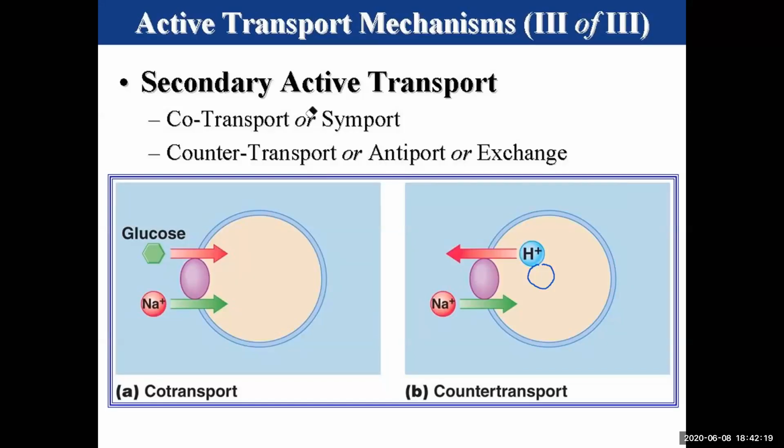And in the case of secondary active transport, you can transport 2 different types of cargoes, 2 different types of solutes. In this case here, for example, this secondary active transport is transporting glucose, one type of cargo. Simultaneously, it is also transporting sodium, right? So this is sodium.